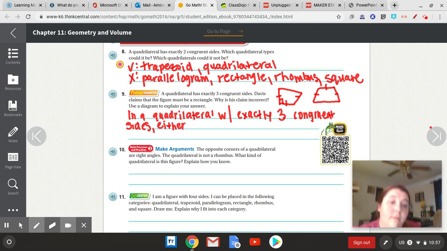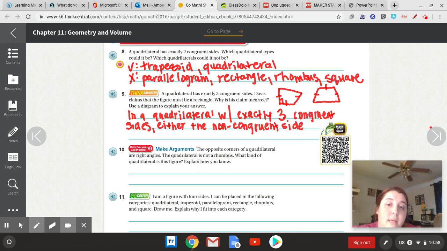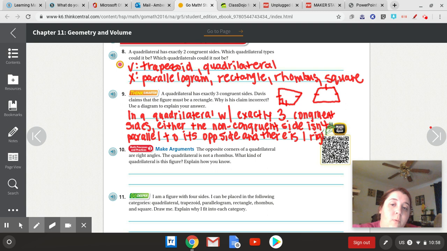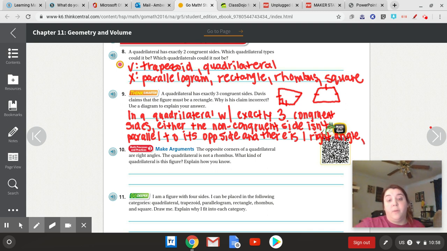Either the non-congruent side isn't parallel to its opposite side, and there is one right angle. That's what we did in the first one.